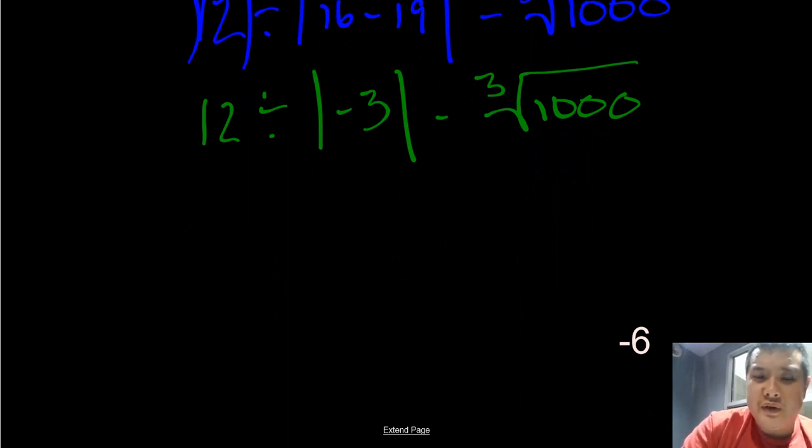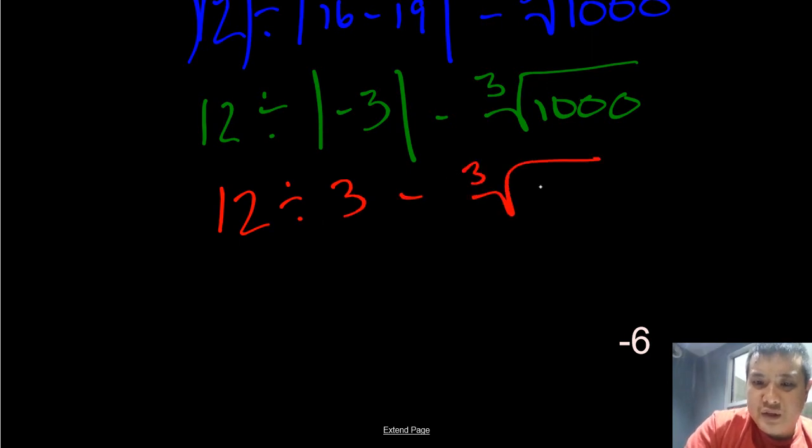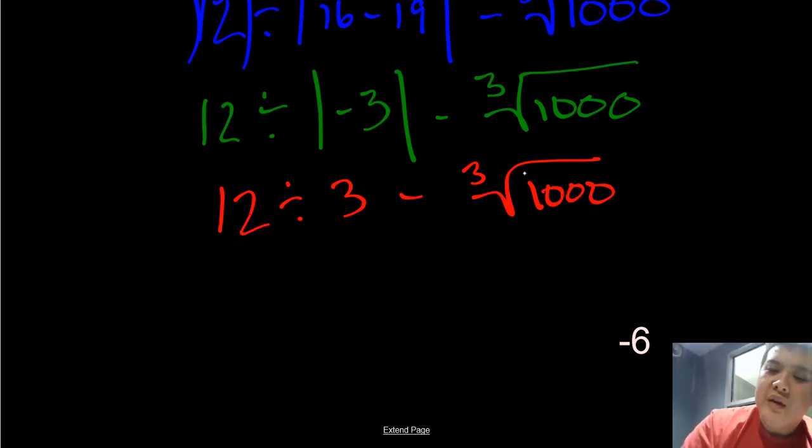But the absolute value of negative 3 is 3, so we have 12 divided by 3 minus the cube root of 1,000. Now here's the key thing. What is the cube root of 1,000?